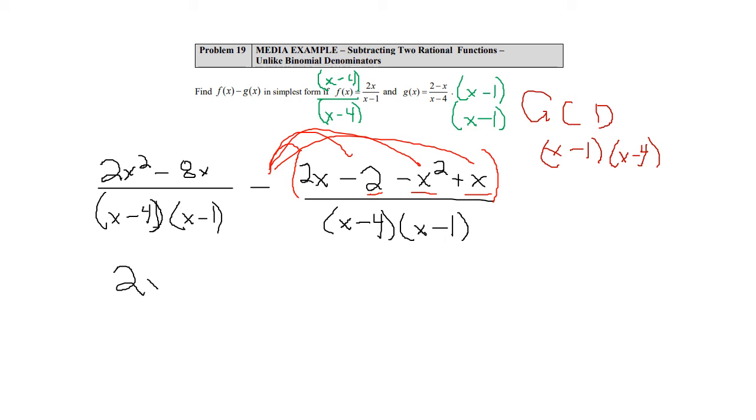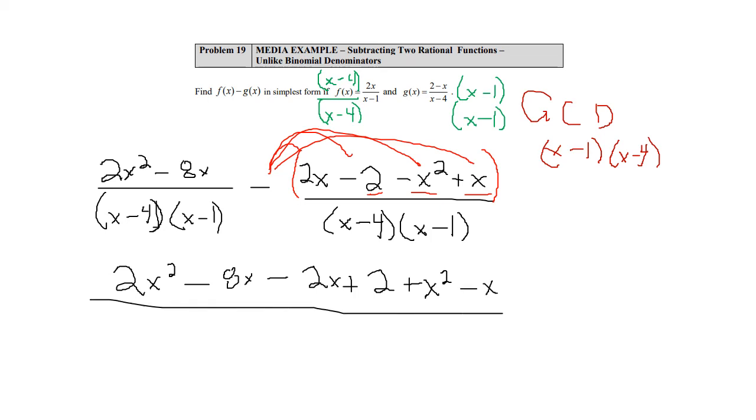All right, so we should end up with 2x squared minus 8x, and then that minus 2x, and then I said all of these signs are going to change, so this becomes plus 2 plus x squared, and then minus x.